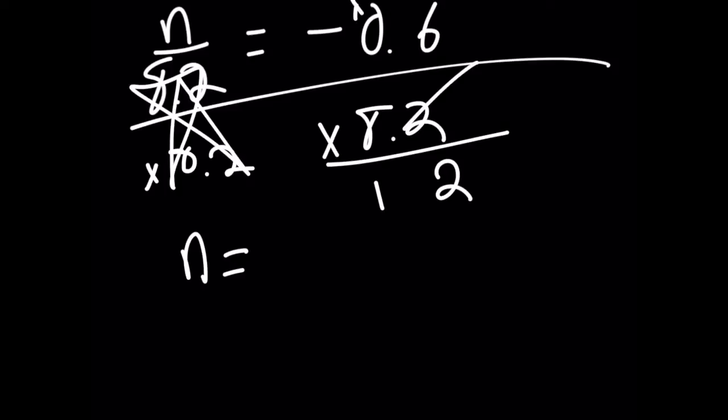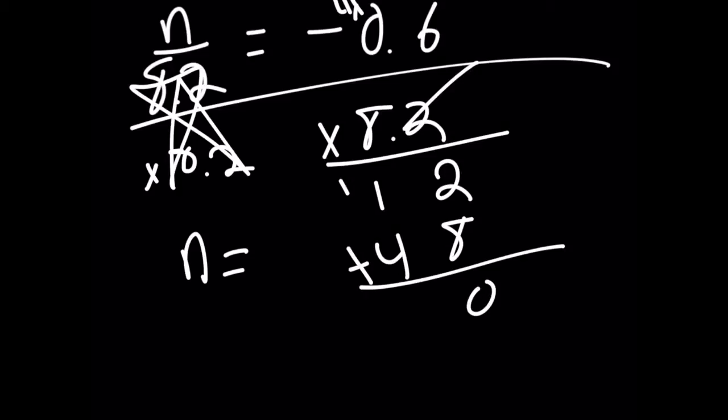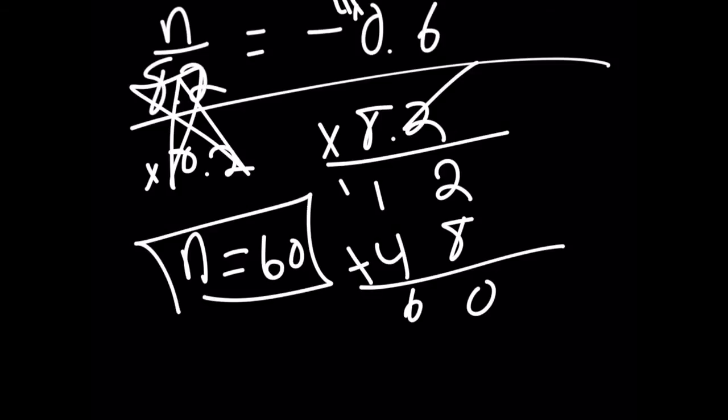Cross that out. 8 times 6 is, I have to think. 8 times 6 is 48. 3 to 4, that's 4. And then you just add this, and that's 60. So n equals 60, and that's your answer.